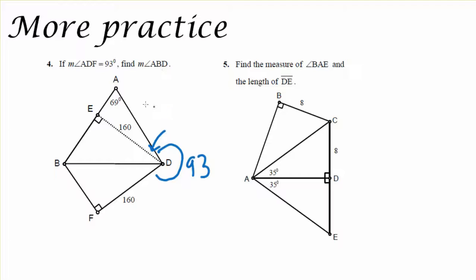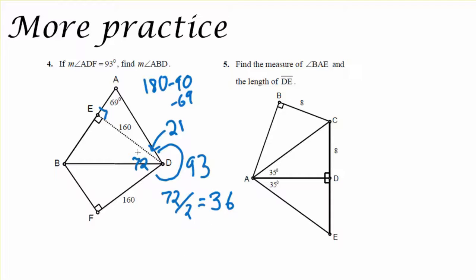So I can apply some principles of triangles to take 180, subtract 90 from that right angle, subtract 69, and the small angle in here, ADE, is 21. Now I know that these two small angles, EDB and BDF, are both equal to 72 together, and because EDF has been bisected, I can take that total sum, 72, and divide it by 2 to get 36. So EDB ends up being 36.